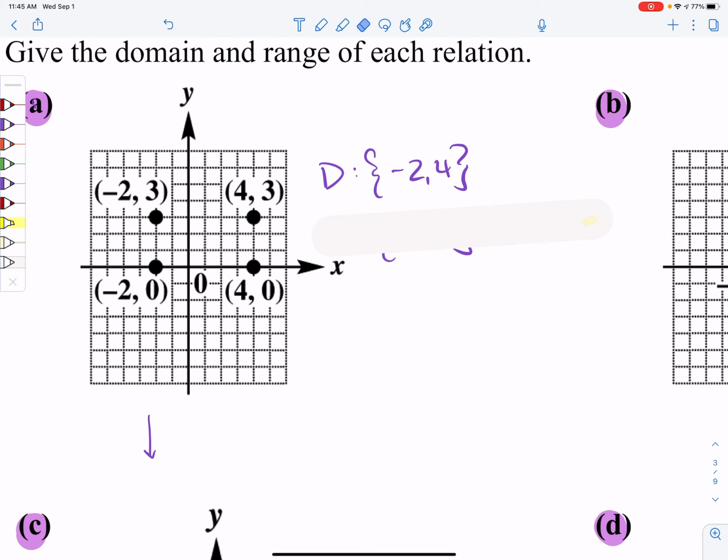So for my domain, I've now switched over to listing notation because there are only 2 of these values. My range, my y values, I'm only using a 3 y value and a 0 y value. Interestingly, listing notation does not have to be written in order, like interval notation has to be written in order.